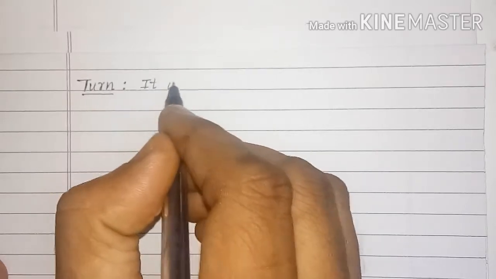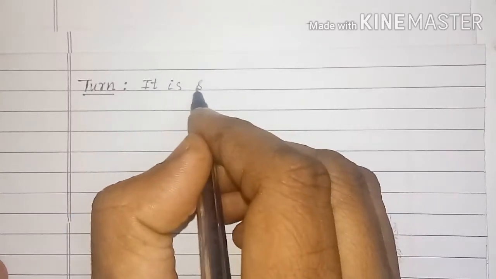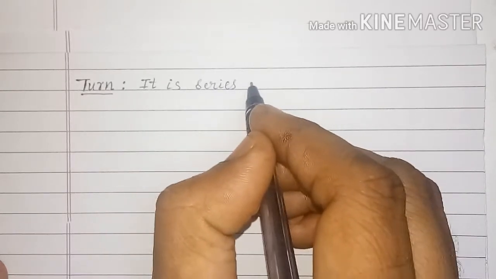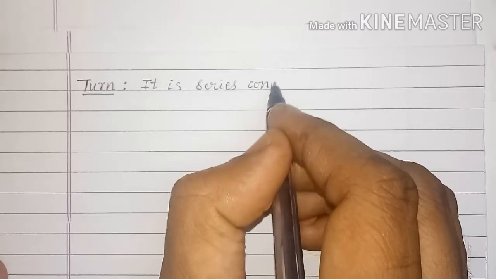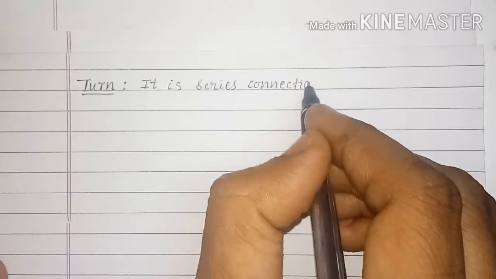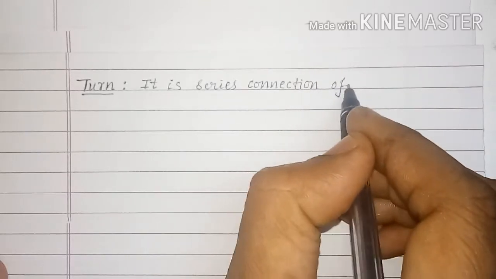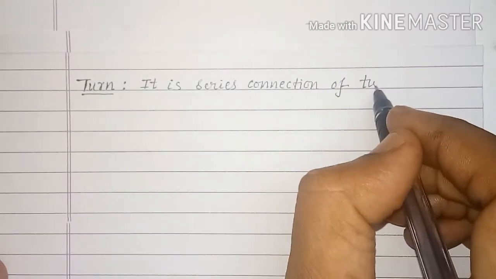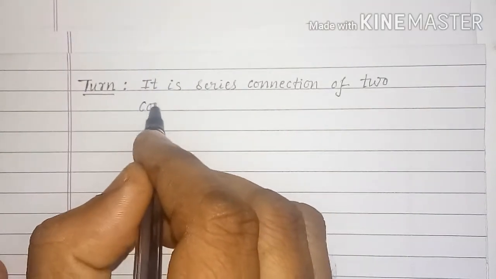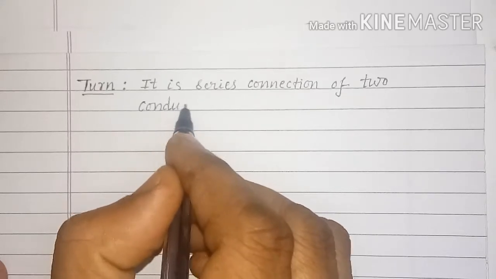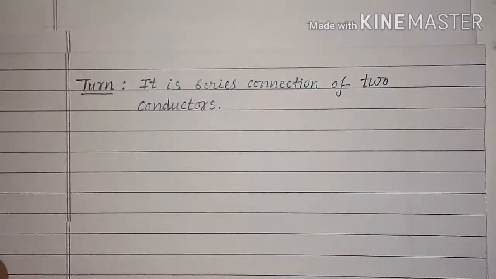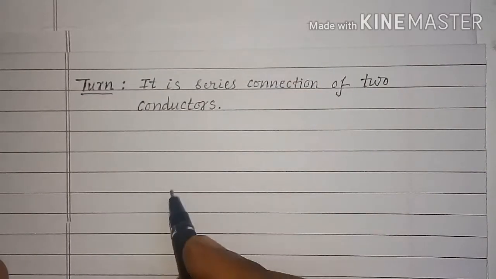It is series connection of two conductors. Now let us see how a turn may be formed.